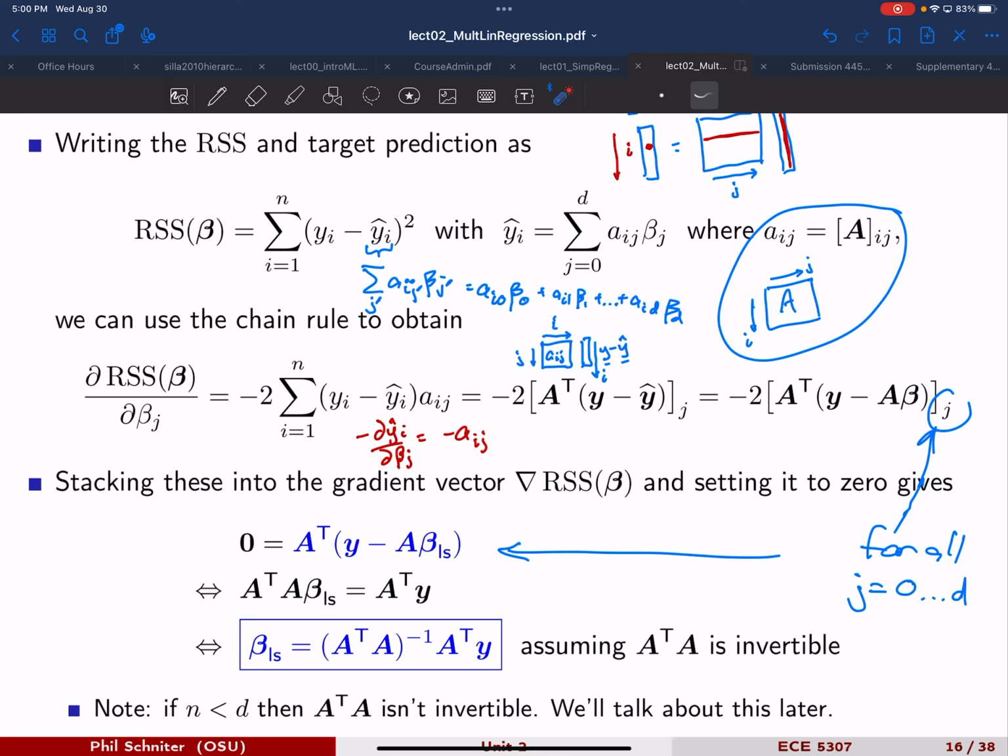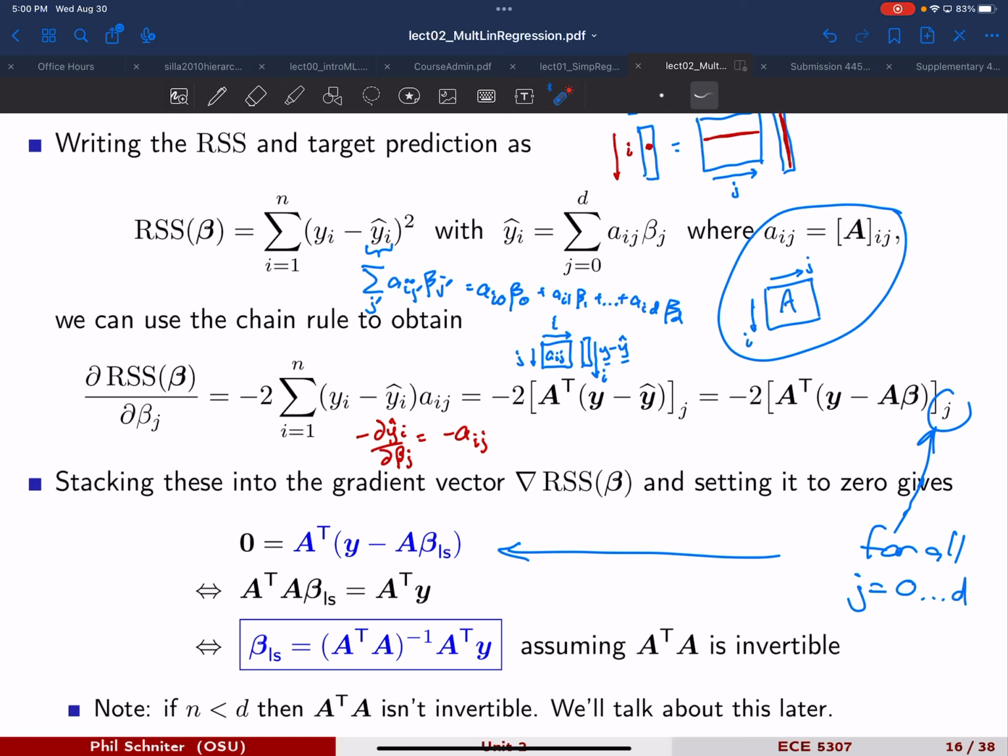And you've probably seen this in linear algebra classes, but if you want to solve for beta here, this is a square matrix. If it's invertible, you can invert it. Essentially, you can think of it as multiplying both sides of this equation by A transpose A inverse. So if it's invertible, it cancels this out. You get beta least squares. And on the right side, you get A transpose A inverse times A transpose Y.